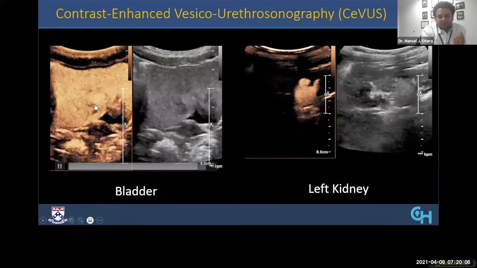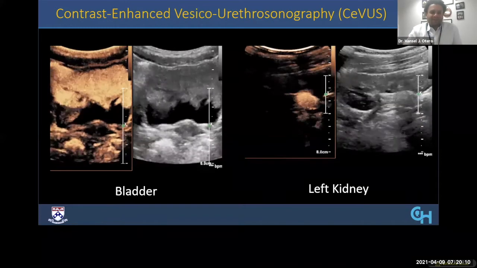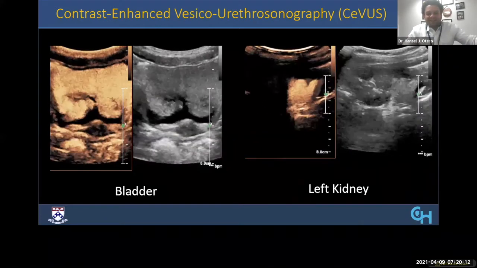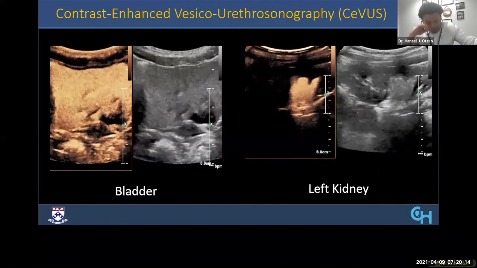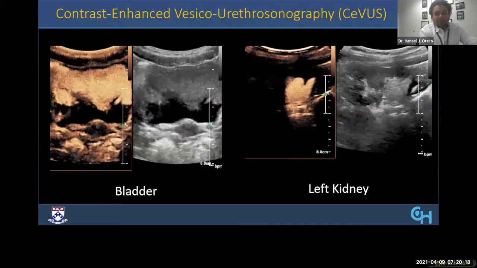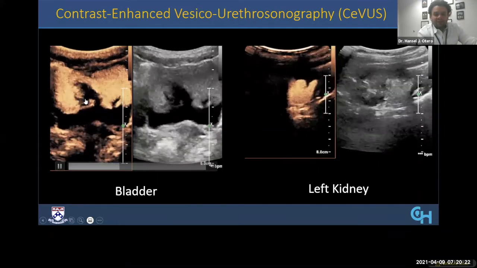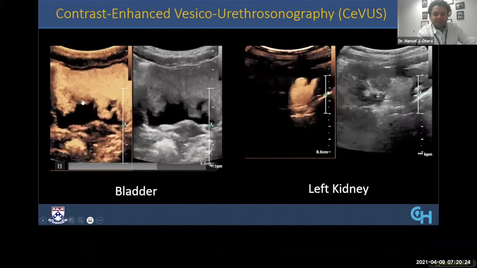Remember that ultrasound contrasts are microbubbles. We are adopting this technology from our cardiology colleagues, who have been using it for echo for many more years. What we're doing is injecting the contrast through the bladder catheter. We see all those bubbles getting into the bladder.